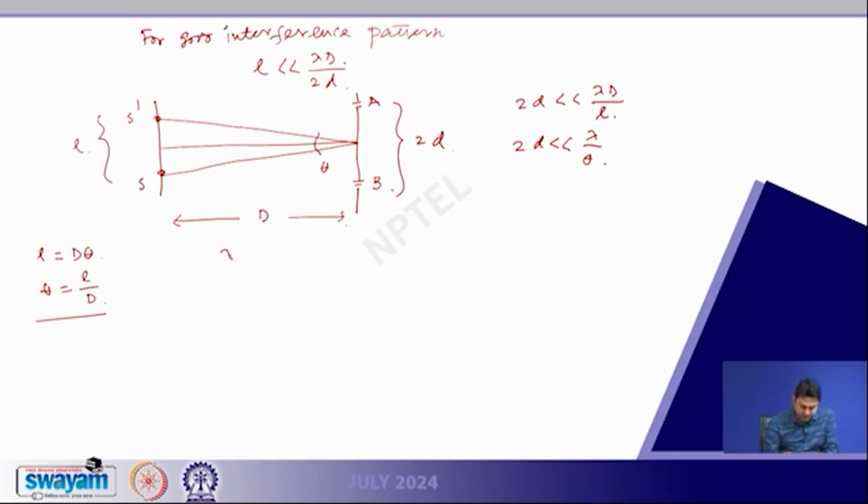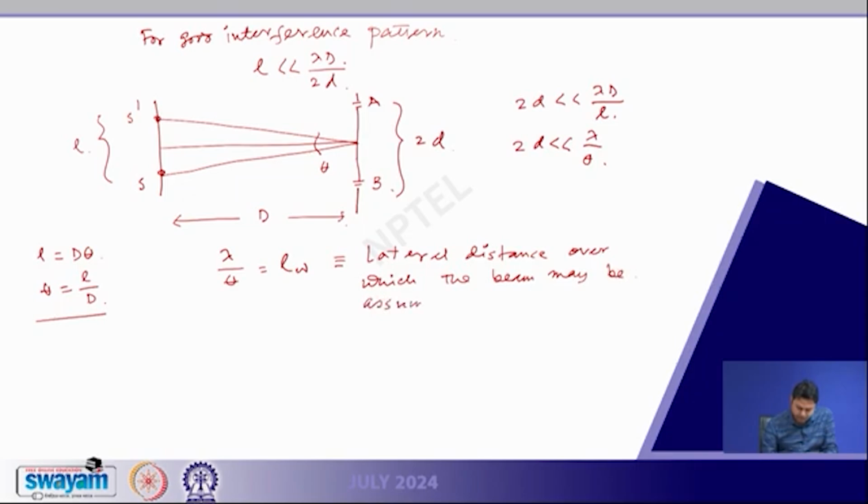So lambda divided by theta, that is the length, I write LW, we call it the lateral distance over which the beam may be assumed to be spatially coherent.